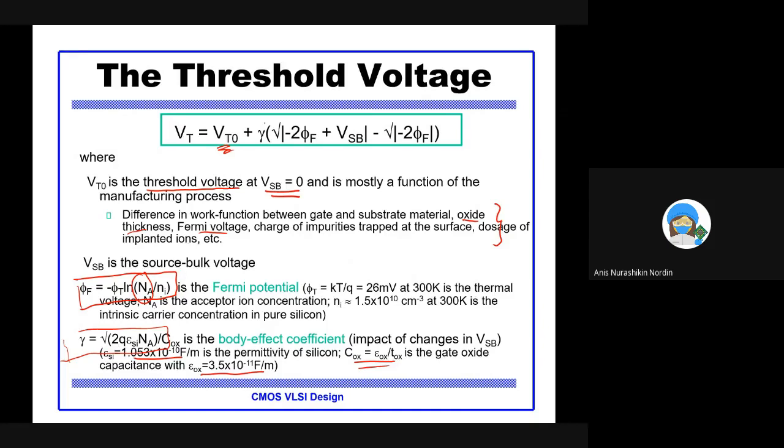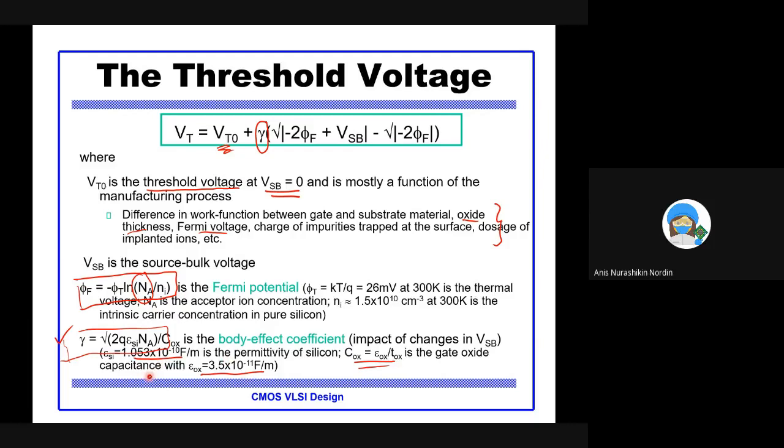Gamma just now is the body effect coefficient. It is the coefficient for when you don't put the source-bulk at 0, you will have to find out what the effect is. So the engineers put that as a coefficient named gamma, and gamma is proportional to q, which is a constant, epsilon, which is permittivity, and NA, the acceptor concentration.